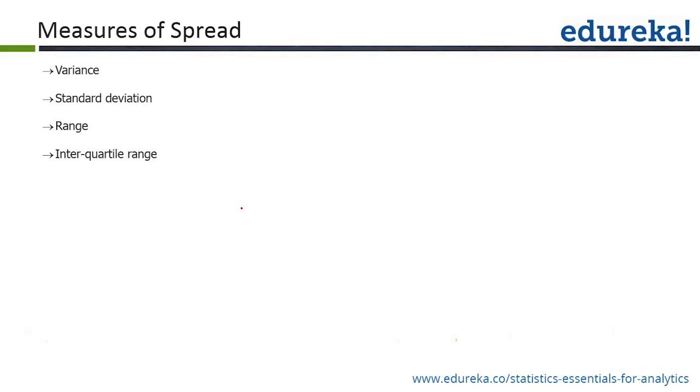All right. So the measures of center focus on getting a feel of how central the data is, right? Mean gives an indication of the average value, median gives an indication of the 50th percentile, and mode gives an indication of the most frequently observed value, correct?